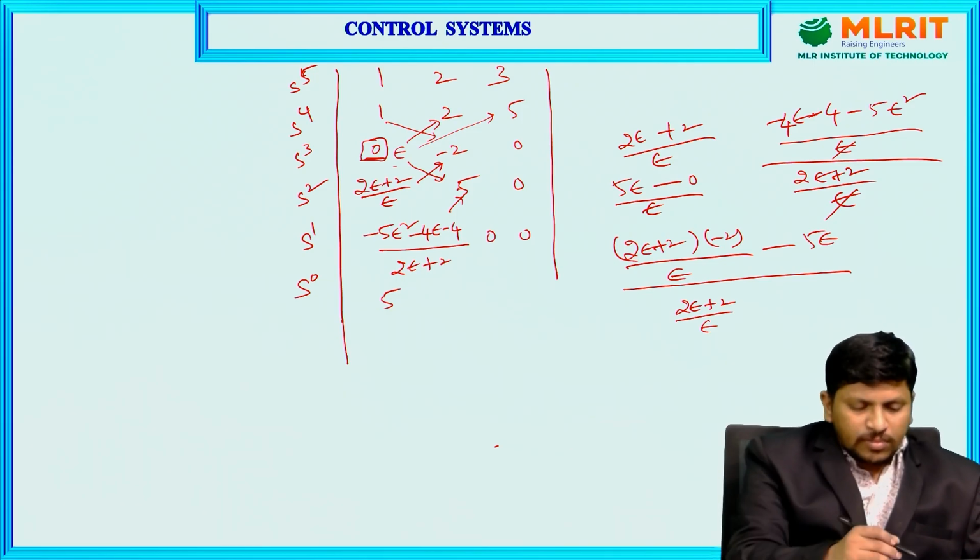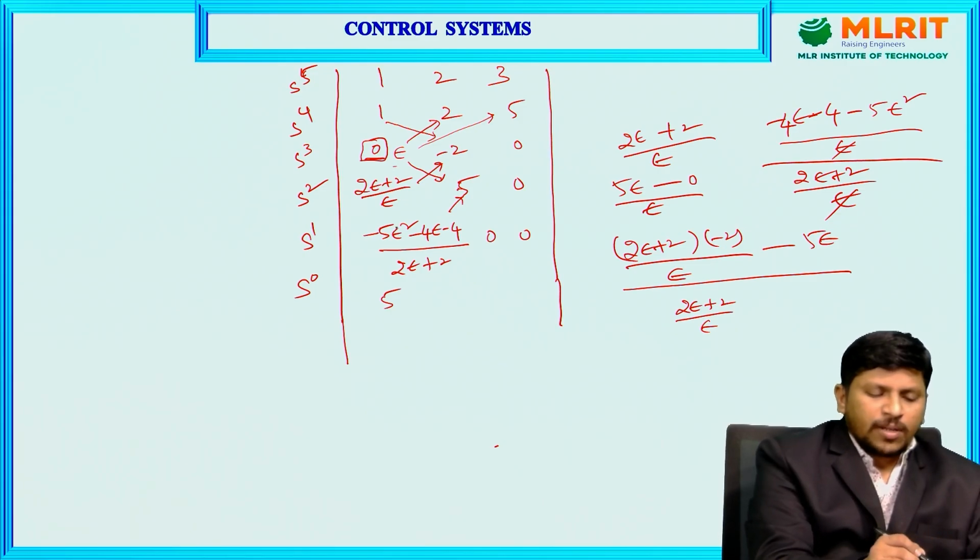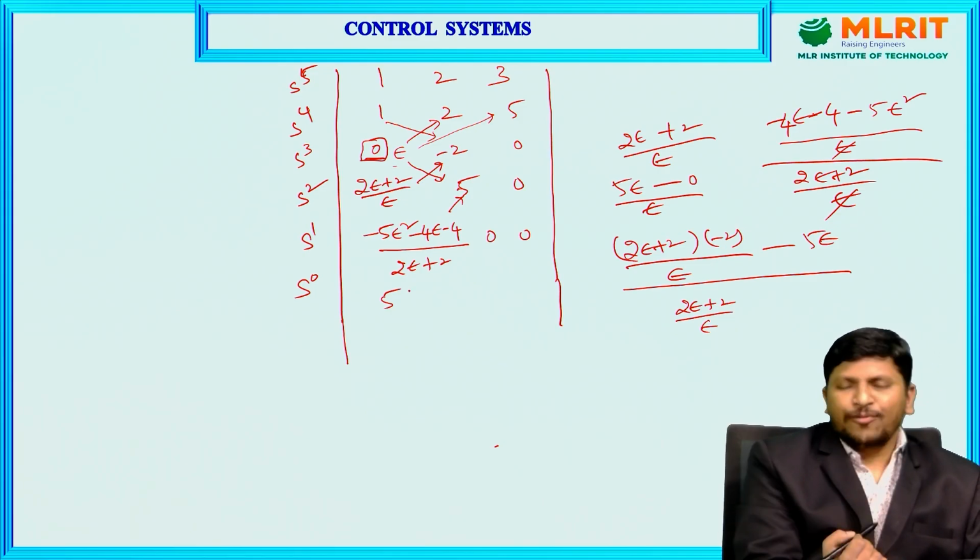Now see, 1, epsilon, 2 epsilon plus 2 divided by epsilon, all these are in the form of epsilon.